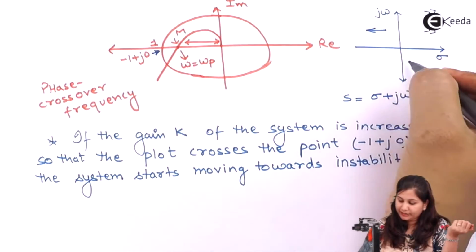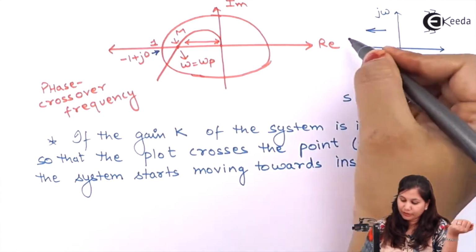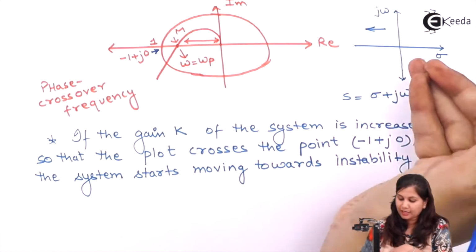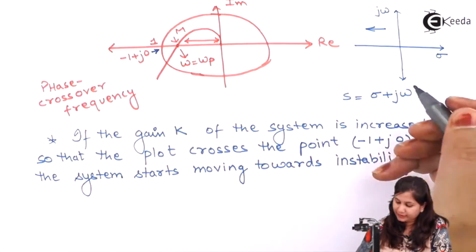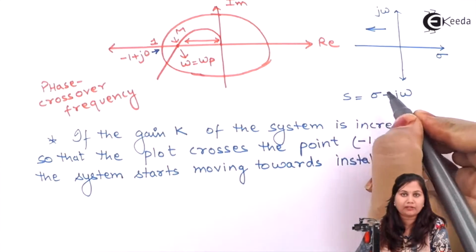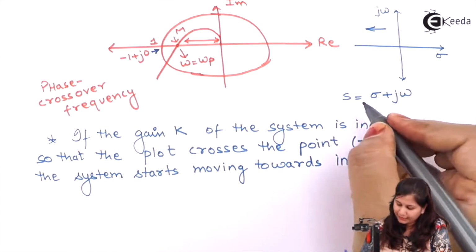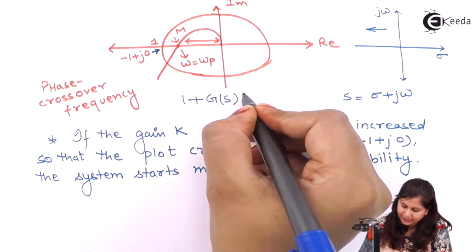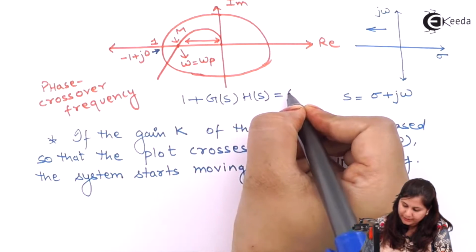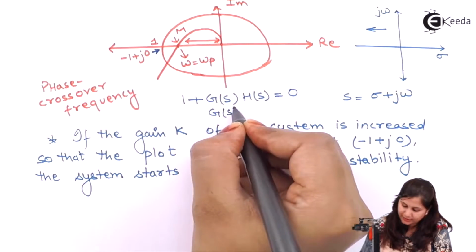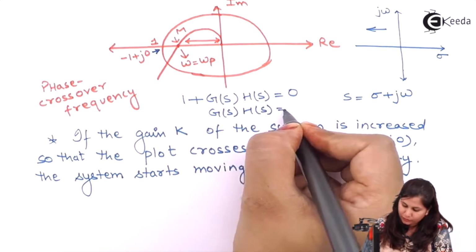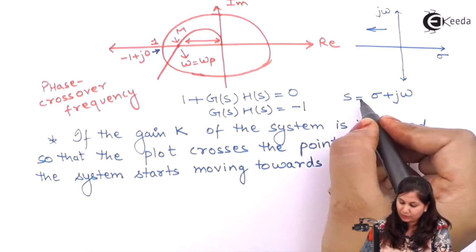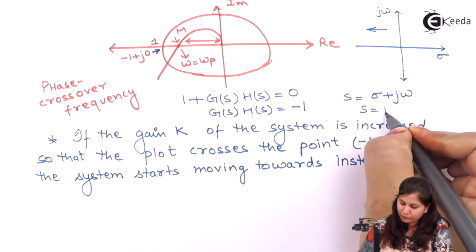Now, when we convert this imaginary axis to the unit circle, the real part will be 0, and we have the stability condition 1 plus G(s)H(s) equals 0, so G(s)H(s) equals -1.